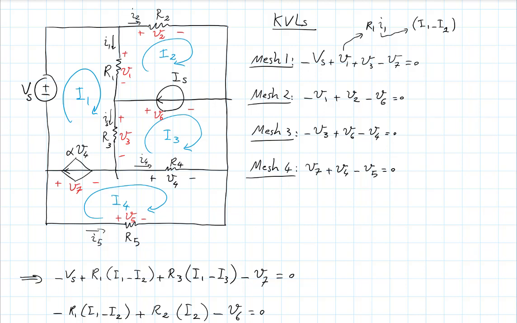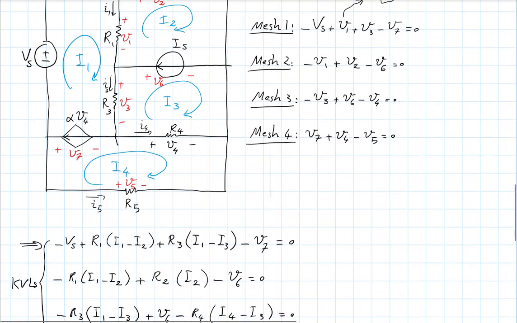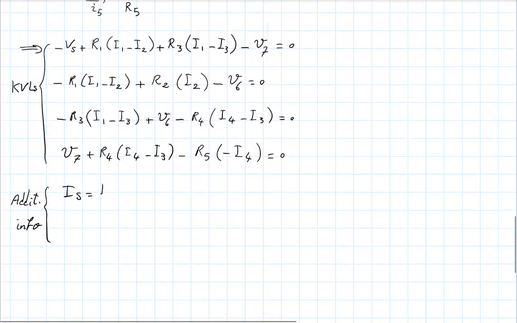The same way that we dealt with all the other element currents, the current in IS, thinking about it in terms of the mesh currents, is big I2 minus big I3. So these are my KVLs that I have from above, but additional info: the current IS is I2 minus I3.